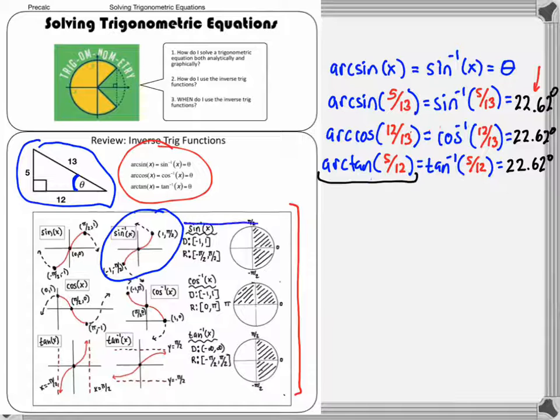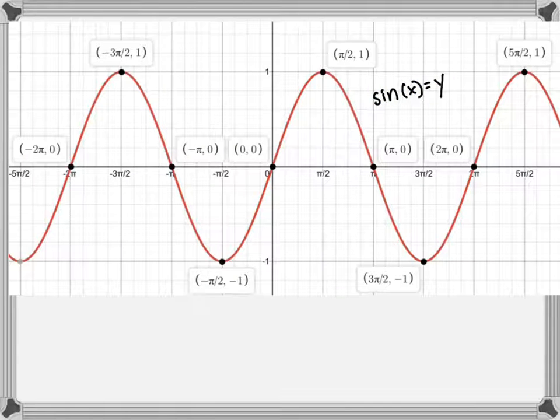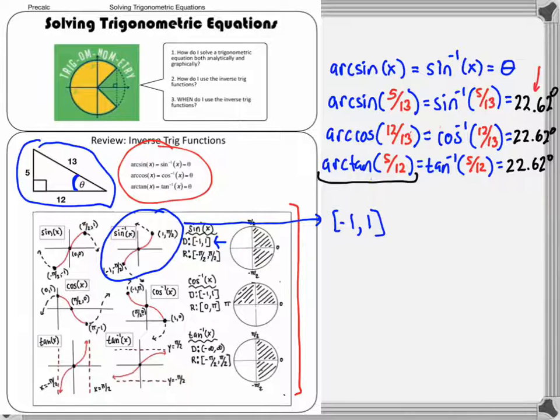So this means that for the domain right here, I can ask for any trigonometric ratio from -1 to +1, because that's the range where sine bounces between.